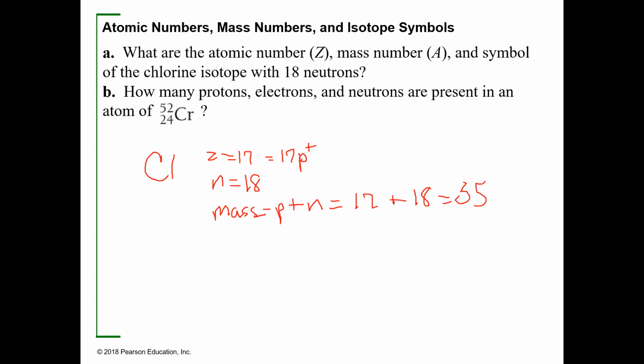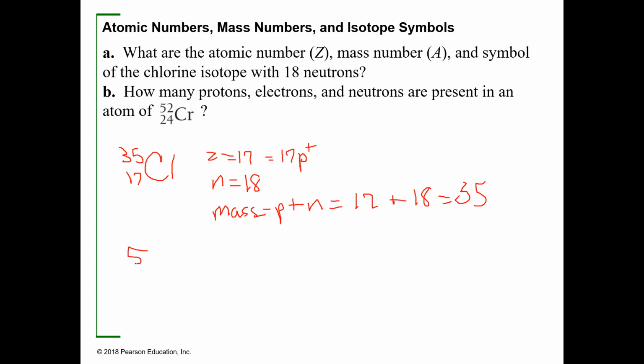So that's going to be my mass number. So our mass number is going to go here, 35. And then my atomic number, 17, will go here. So that will be the answer to A.